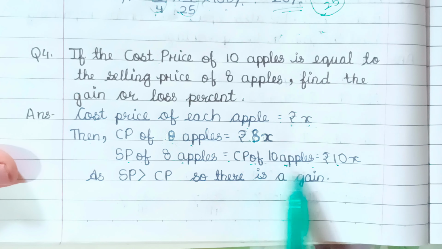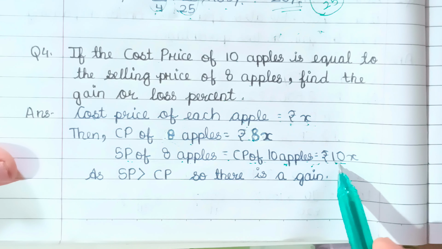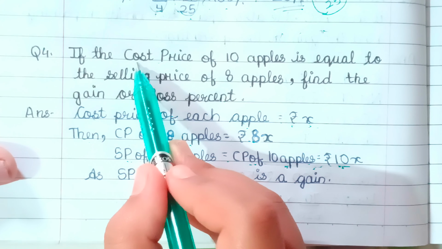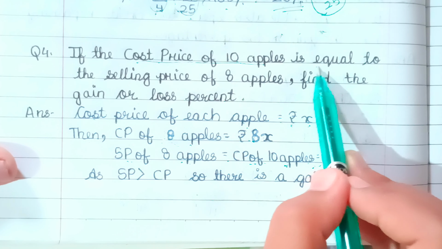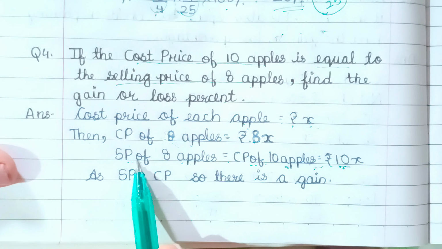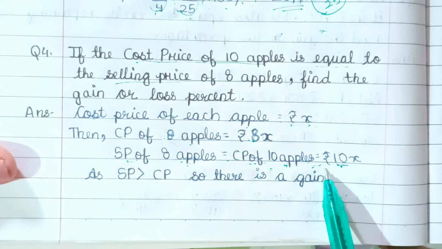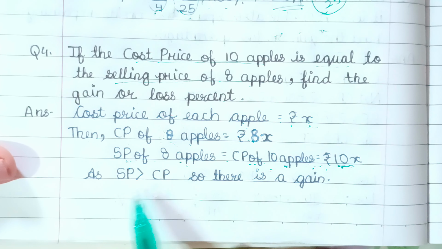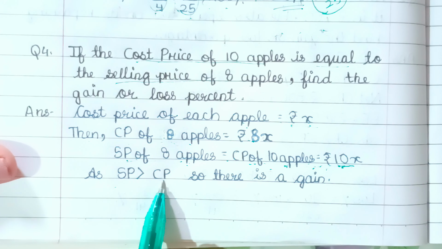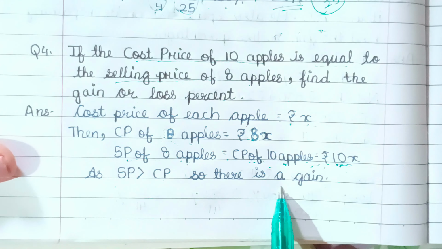So the CP of 10 apples is 10X and the SP of 8 apples is also 10X, as in the question it has been given that the cost price of 10 apples is equal to the selling price of 8 apples. So the CP of 10 apples is equal to the SP of 8 apples, and that is rupees 10X. So as SP is greater than CP, that is 10X is greater than 8X, so there is a gain.